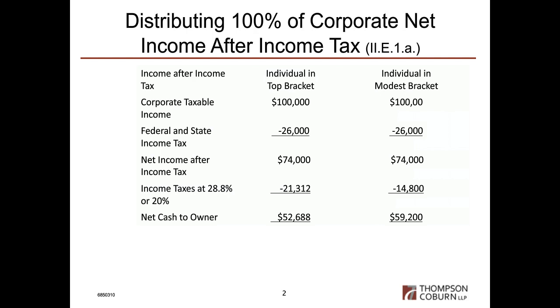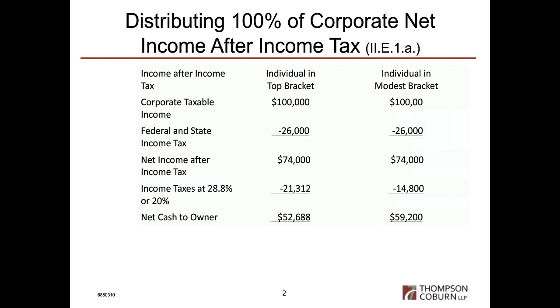Some states don't impose any income tax, and some states impose a very large income tax. But for purposes of this presentation, we're going to assume that the corporation pays a 5% state income tax, and also that when it distributes its earnings, its shareholders will pay a 5% income tax on those dividends.